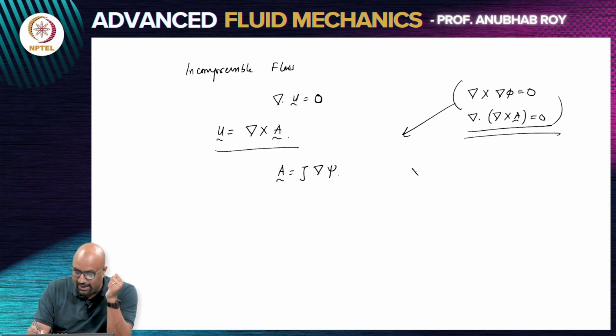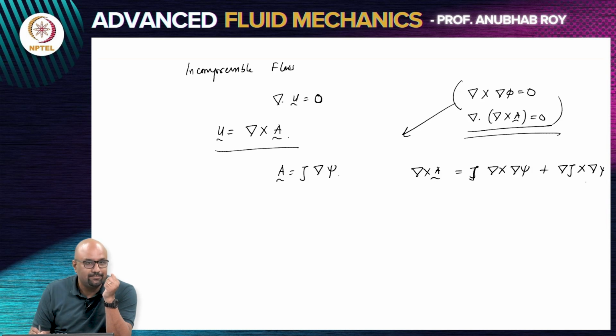If you remember, if I take the curl of A, I am basically going to have zeta curl of grad psi plus grad zeta cross product with grad psi. Now, this is 0. So I can express that vector potential in terms of two scalar potentials.